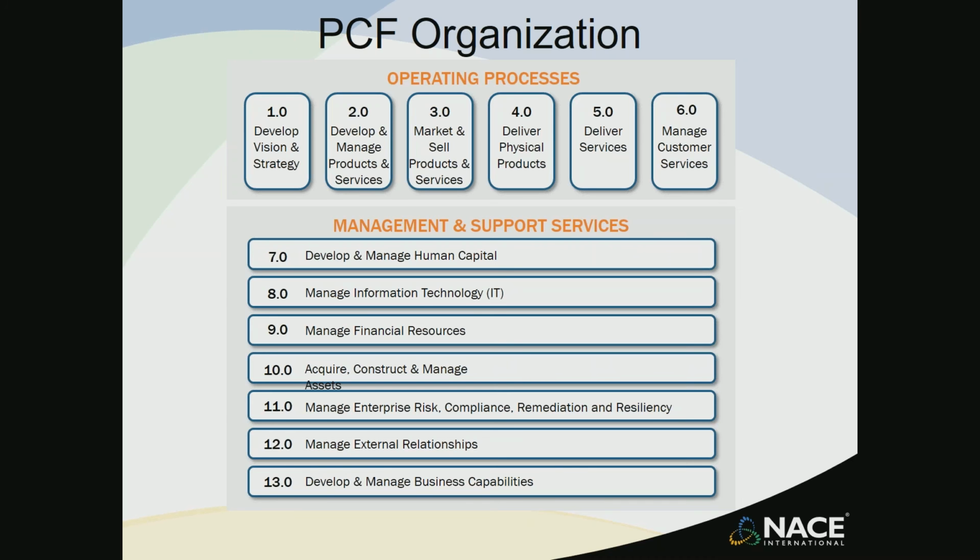So if you're just looking at these very quickly, you could see develop and manage human capital, for example. That would be all of the personnel things that happen. There are many things that should be considered there that could have corrosion management implications: the training of your corrosion management group, the recruitment, the succession plans, the career paths.